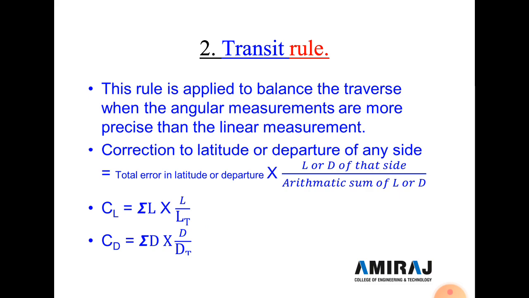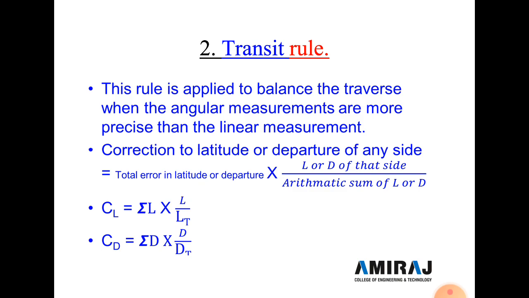Similarly, the transit rule is applied to balance the traverse when the angular measurements are more precise than the linear measurements. So here the angular measurement is accurate as compared to the horizontal measurement or distance. The correction of latitude of any side is the total error of the latitude, the sum of L, multiplied by the latitude, divided by the arithmetic sum of the latitudes.